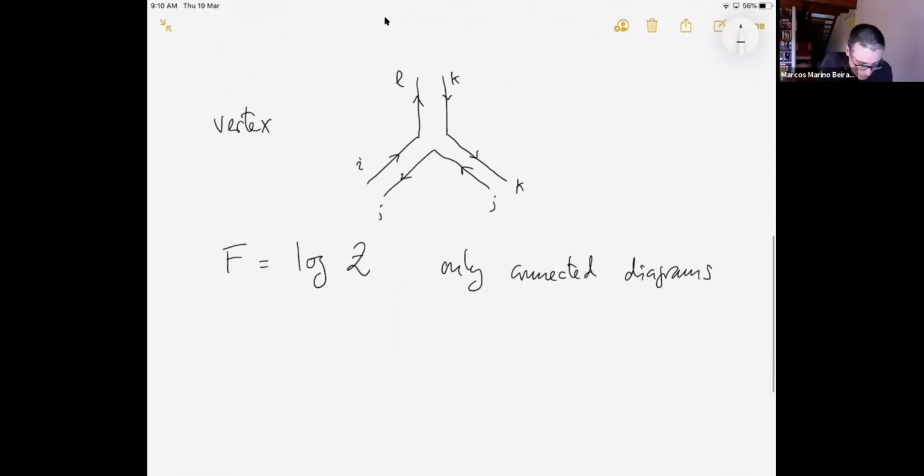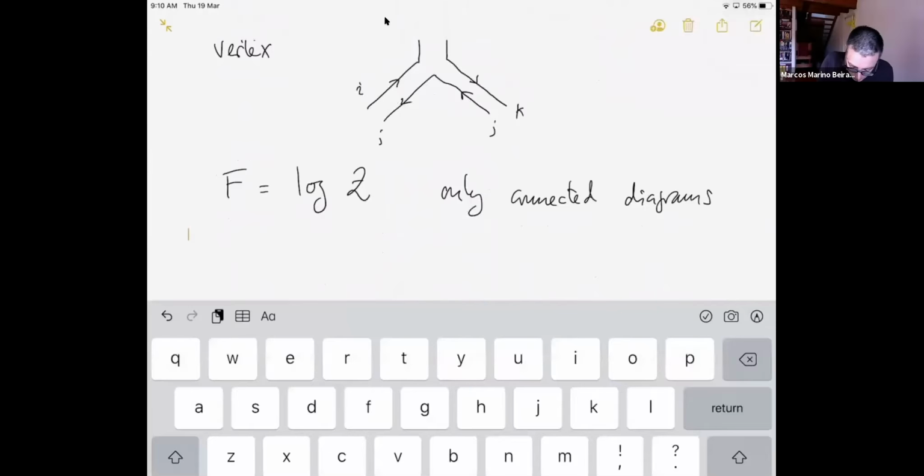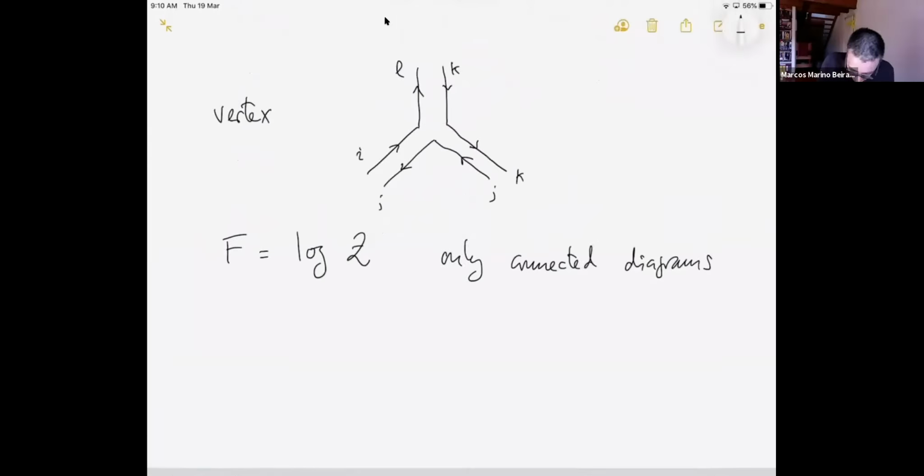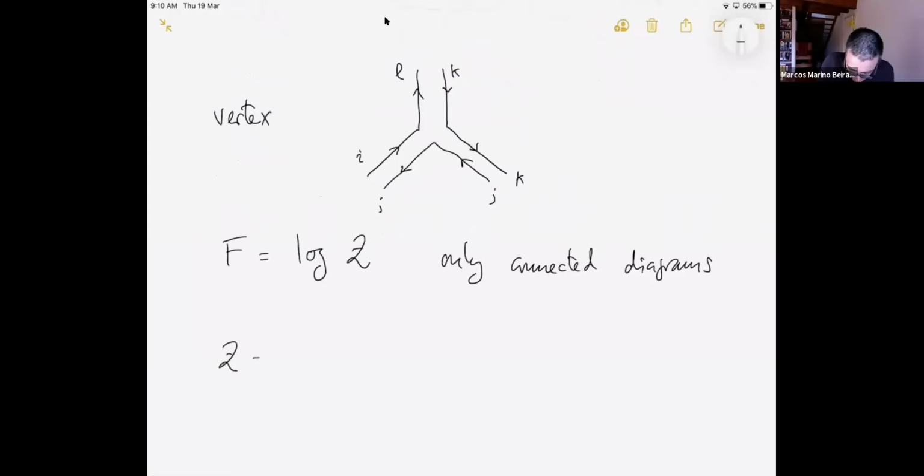And then, if you do this, what we will have is that we'll have to expand the interaction part. And then here we'll have 1 minus G3.